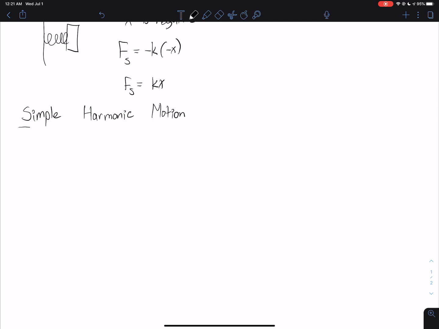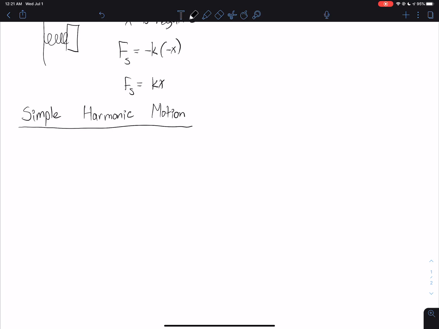Simple harmonic motion is something that occurs when the forces along a certain direction, so for example, the forces horizontally, obey Hooke's law.